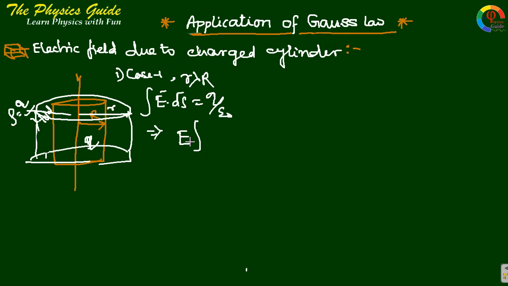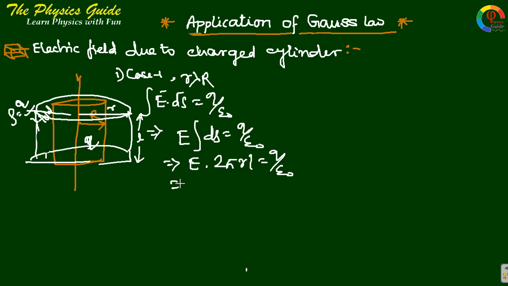We can take E outside the integral, and the integral of ds gives, for a cylinder, 2 pi r l, where l is the length of the cylinder, equals q by epsilon naught. This implies E equals q by 2 pi r l epsilon naught, and in vector form just take r cap.